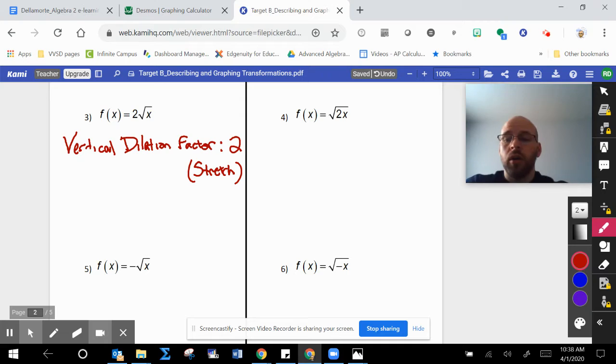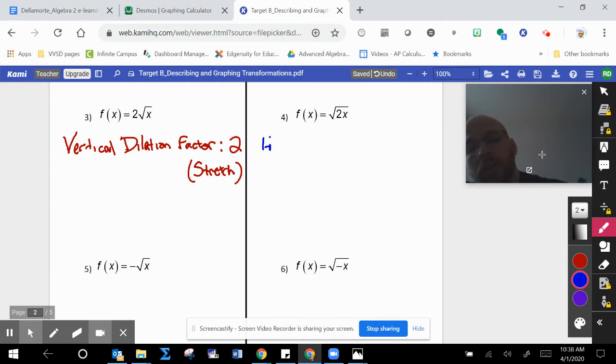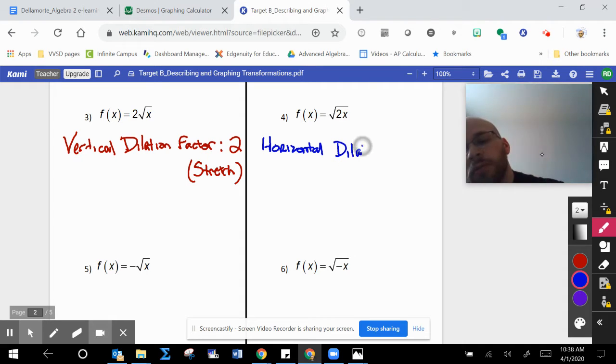Now with number 4, we have kind of the same idea here, but that 2 multiplier is now inside the radical, right? So anytime we have these operations inside, it's always going to be a horizontal transformation. And in this case, because it's a multiplier, I have a horizontal dilation factor.